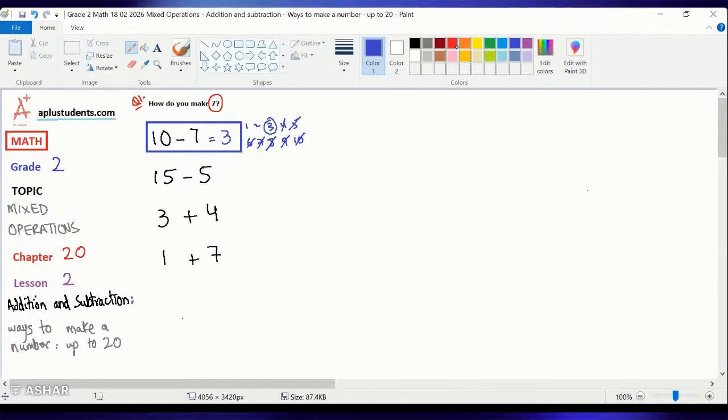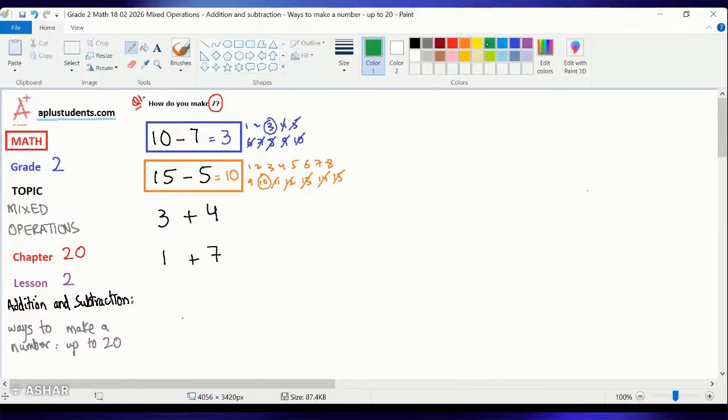And 15 minus 5, if we have the numbers 15 minus 5, that means we write the numbers till 15: 1, 2, 3, 4, 5, 6, 7, 8, 9, 10, 11, 12, 13, 14, and 15. If we subtract 5 numbers, we are left with a 10. What we need is a 7, right?